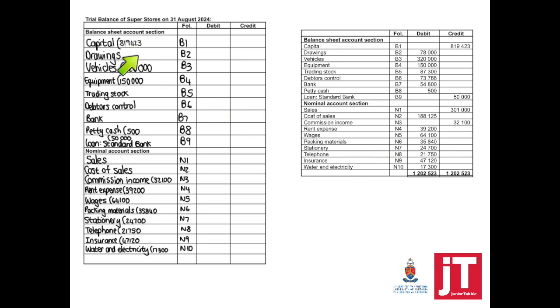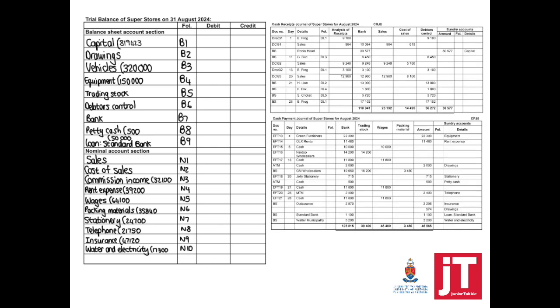And we write the figures in brackets of all those accounts which were not required to complete in the general ledger. Then the next step, we're now basically posting from the journals, so we're skipping the general ledger and taking it directly to the trial balance. So it is important that you show your calculations.